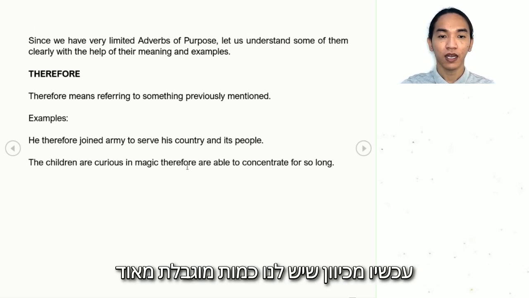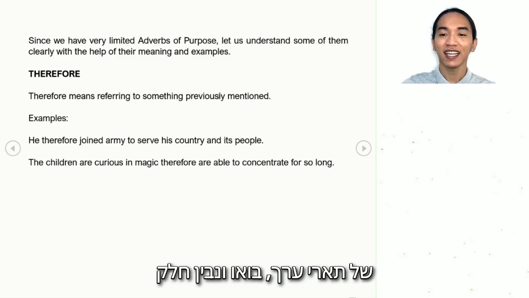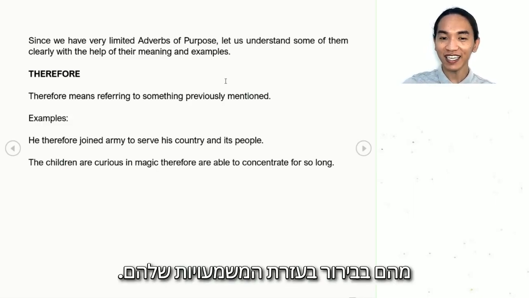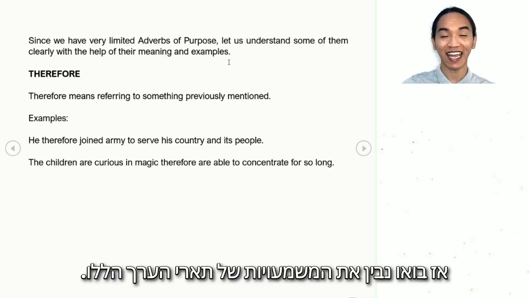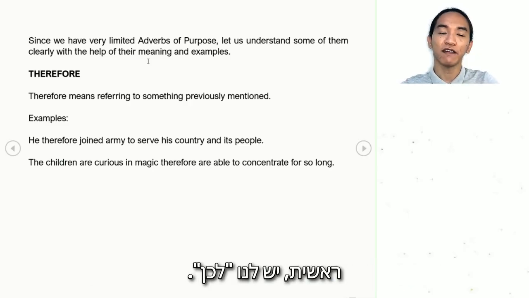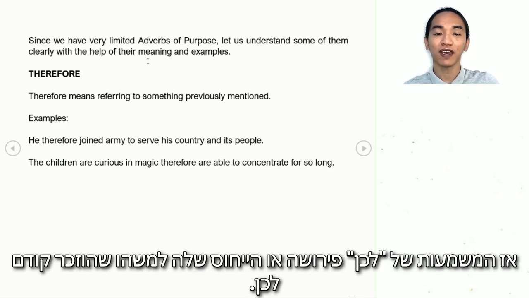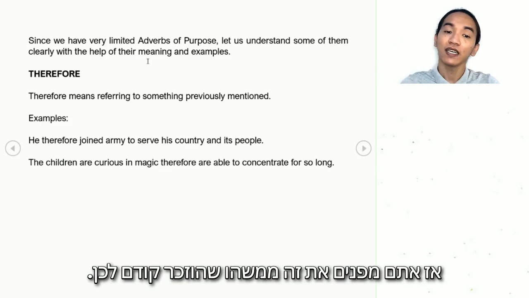Now, since we have very limited adverbs of purpose, let us understand some of them clearly with the help of their meanings. Okay, first off, we have therefore. The meaning of therefore is referring to something previously mentioned. Okay, so you refer it from something that was previously mentioned.